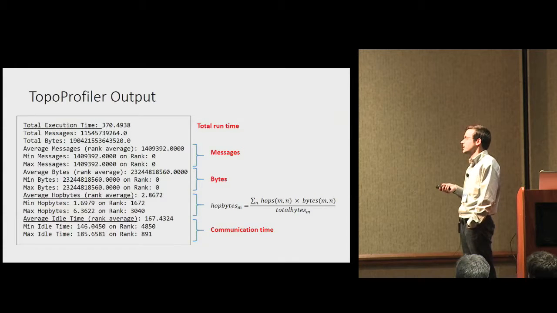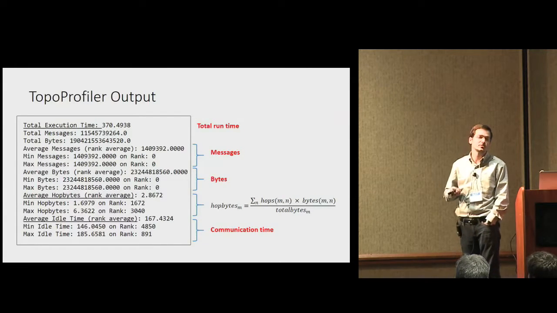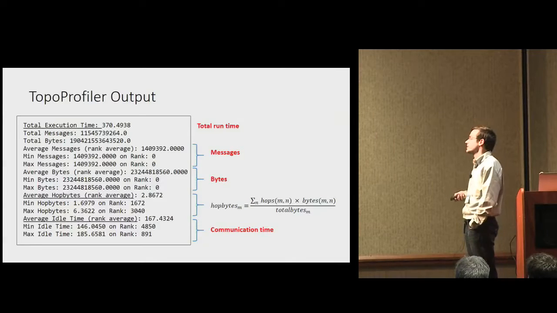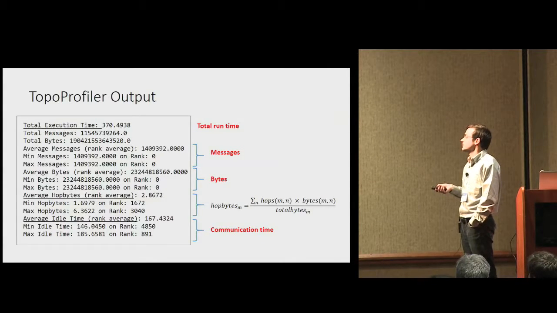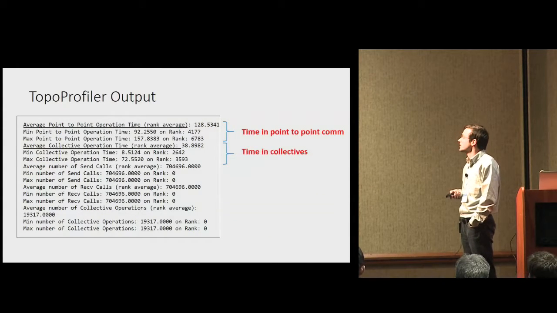That gives you an indication of how close a rank is to other ranks during that job run. And it tells you also how much time was spent doing communication, so you can get a measure of the actual ratio of communication time to the total run time. And it also divides by point-to-point communication and collectives.